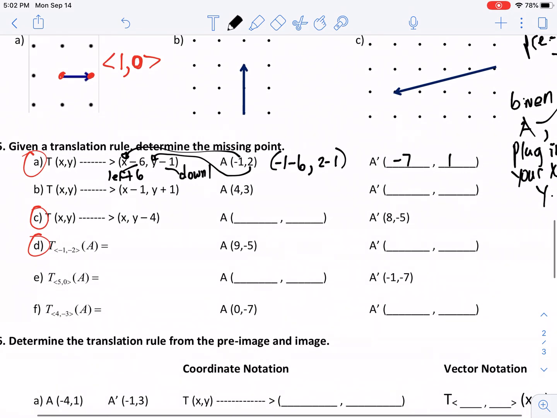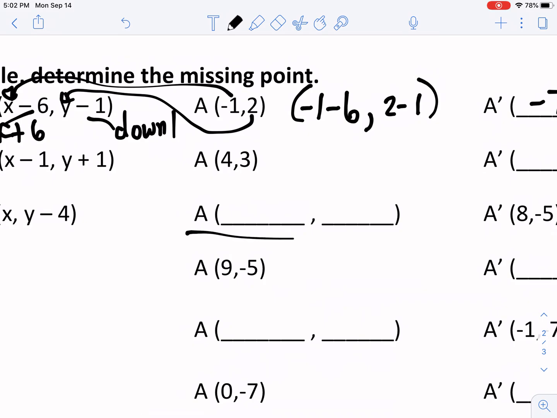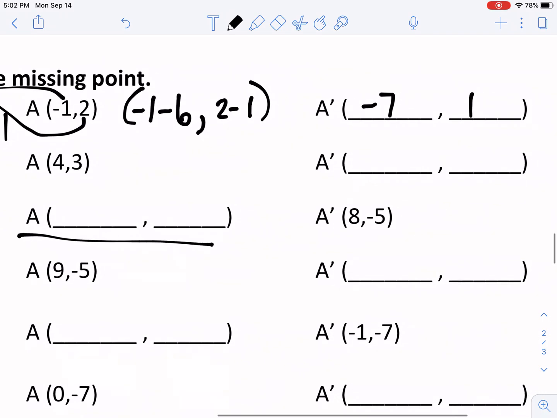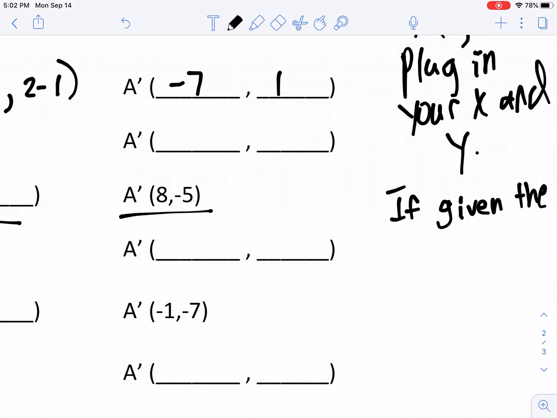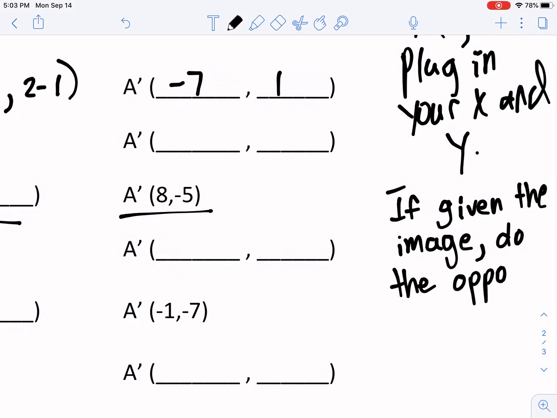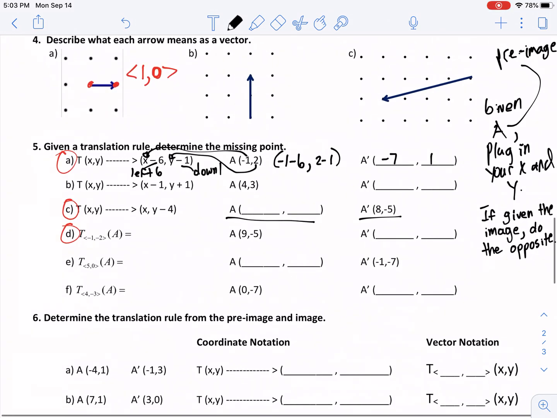Now, what happens if instead of giving us the pre-image, notice this one's blank, they give us the actual image? Well, then things just work backwards. So if given the image, instead of the pre-image, do the opposite. We're going to do the opposite of what we would think.